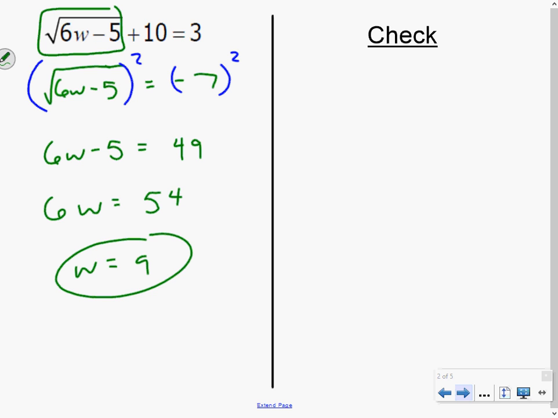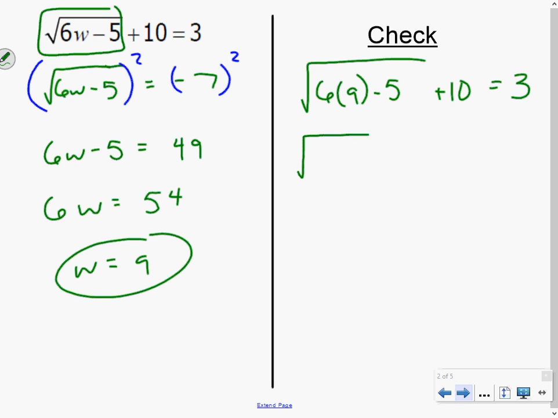But don't forget, we have to plug it back in and make sure it actually works. So we do the square root of 6 times 9 minus 5. We add 10, and we're hoping that equals 3. So let's see. 6 times 9 is 54. Minus 5 is 7. I'm sorry, jumping ahead of myself here. 54 minus 5 is 49.